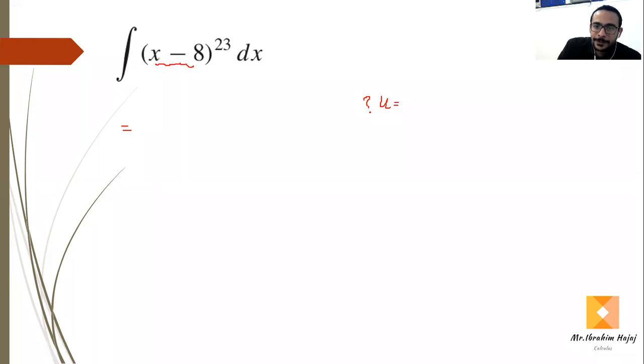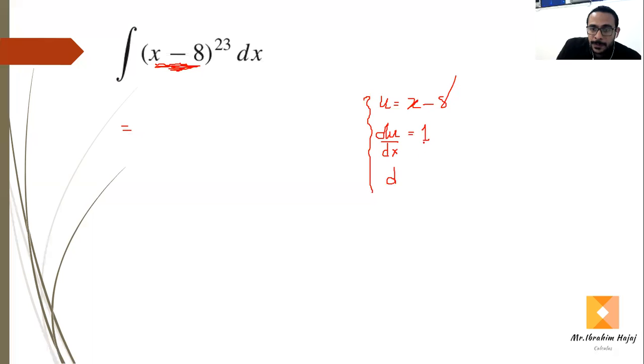x, u is what? The inner function here, which is inside. Put x minus 8. Right. Then du over dx equals the derivative of x, which is 1, and the derivative of negative 8 is 0, gone.